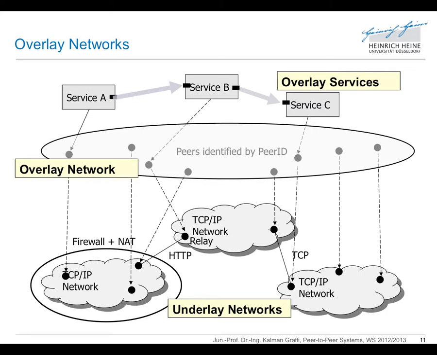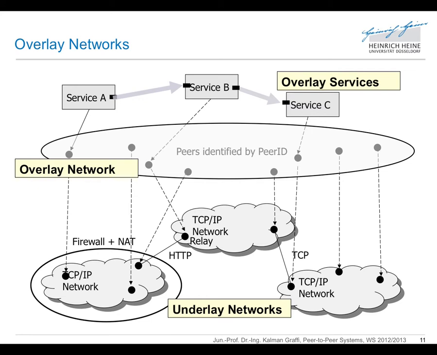So, for example, the functionality to store a document and to retrieve it based on its ID. So to find which peer is responsible for it based on the ID of the document, and other nodes that want to retrieve the document also look up the ID and find it.